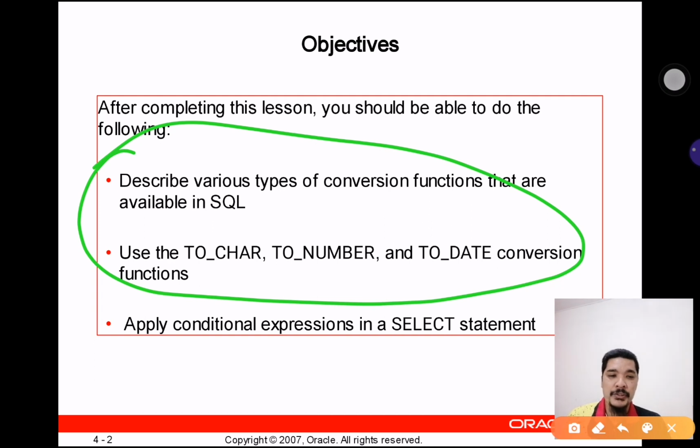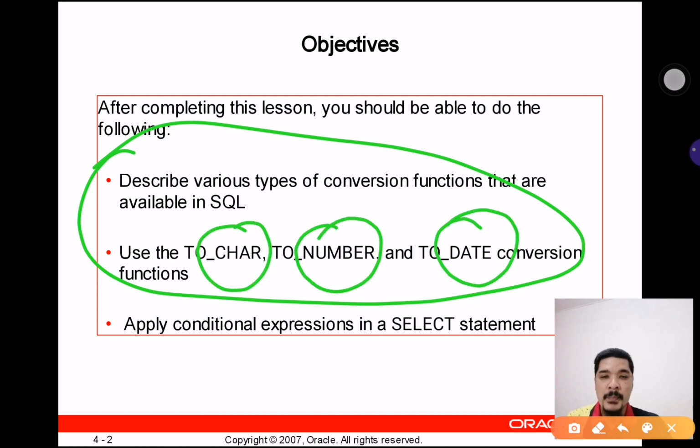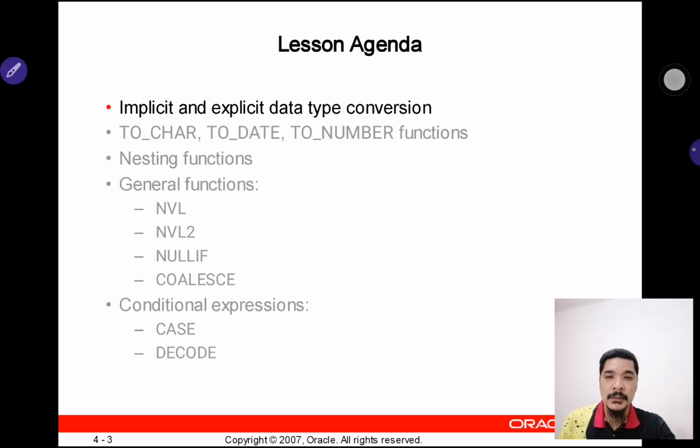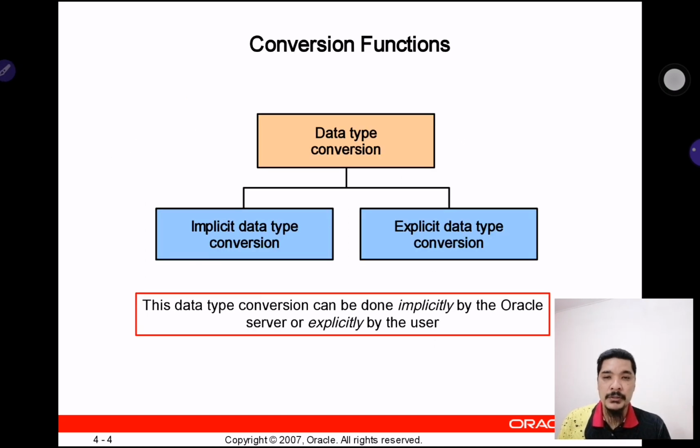Like I mentioned earlier in the previous slides, there are three data types that we frequently use in these examples: character, number, and also date. Move to the next one: implicit and also explicit data type conversions.